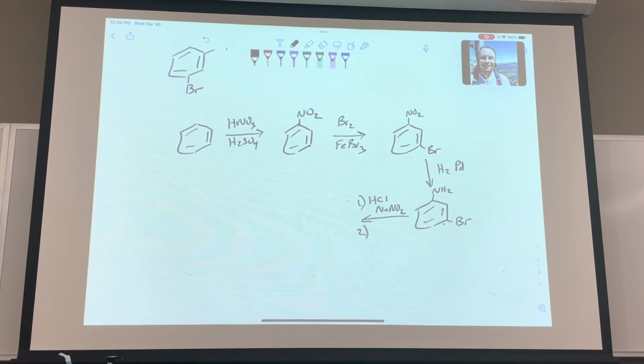I would prefer you to do the NaNO2 and HCl. Okay. But then you just do a step 2, and whatever conditions you want, whatever it is you're trying to substitute the ring with. In this case, the CuCl, HCl.